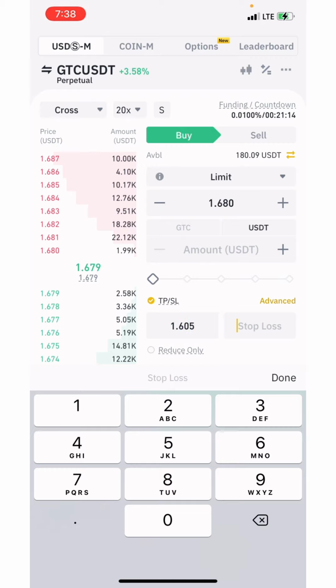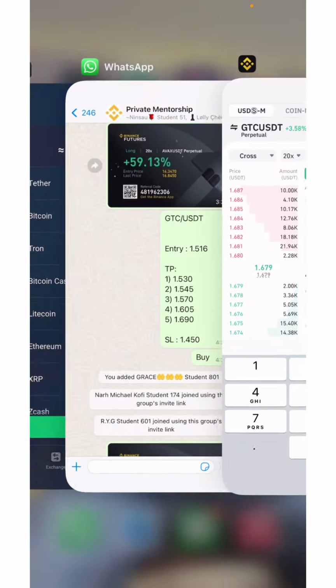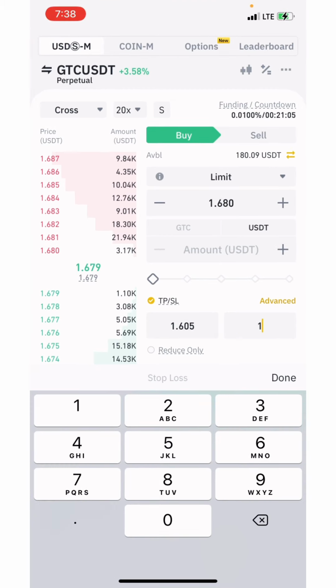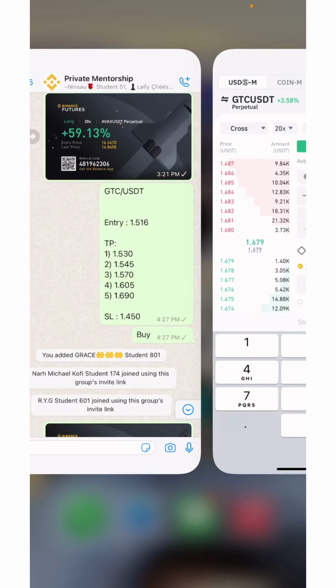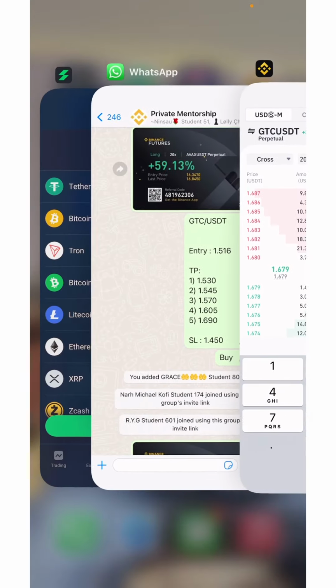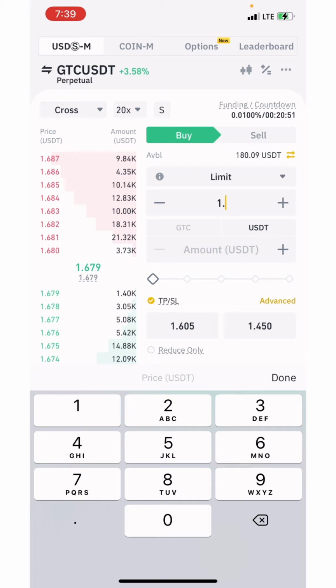Then our SL, stop loss, is 1.450. Now you are going to enter the entry price. So the entry price is 1.516. Okay, this is it.